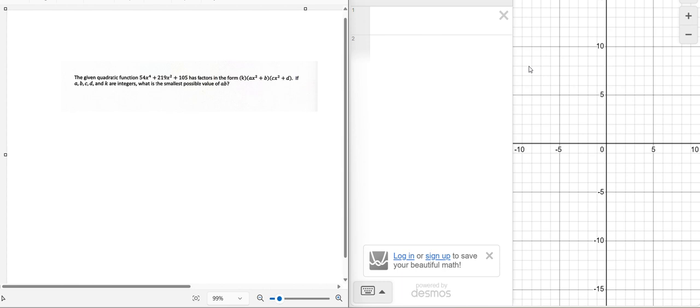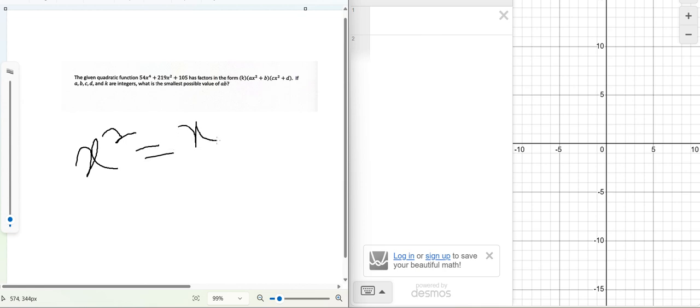So what we have understood from here is we need to take out simply the factors of the given function. Okay, it is given in a somewhat confusing way, so we'll consider this x square as only x. Okay, why? To make it easier. So let's jump into Desmos.